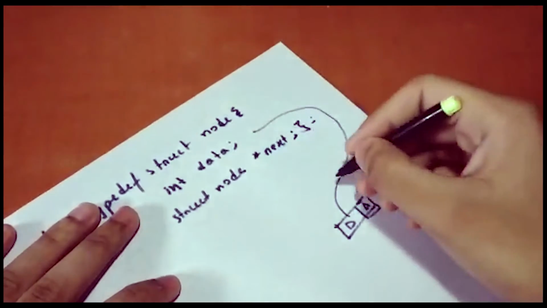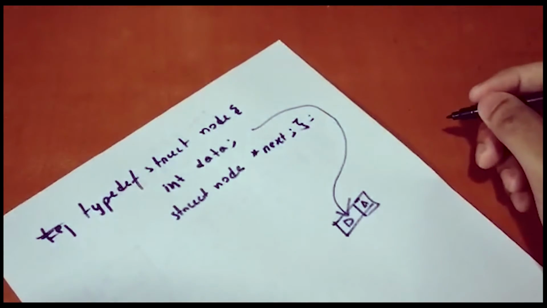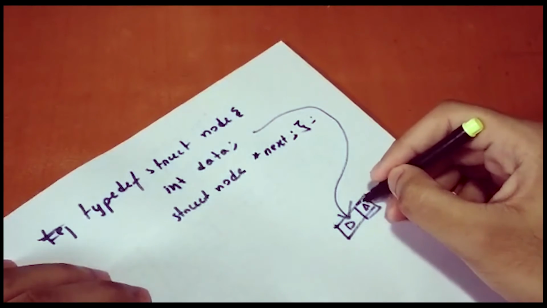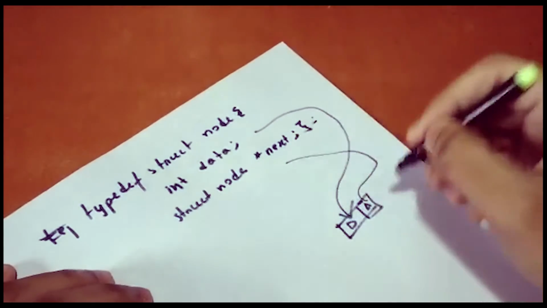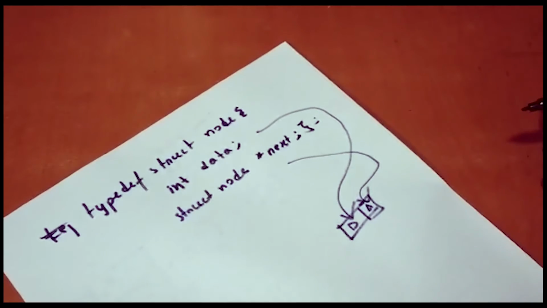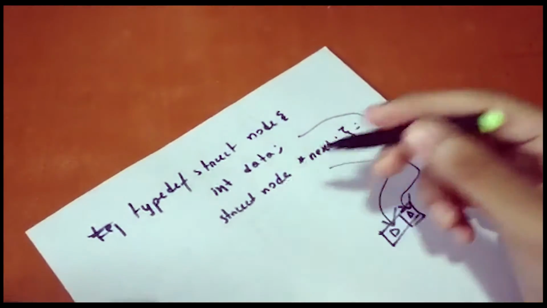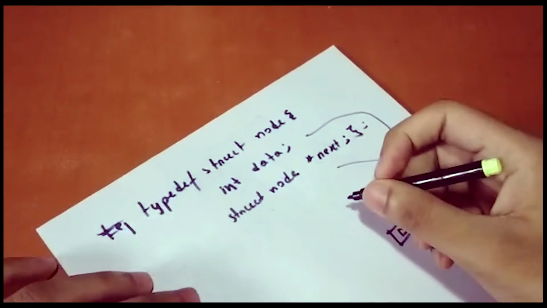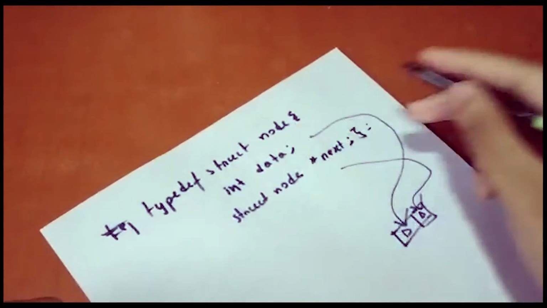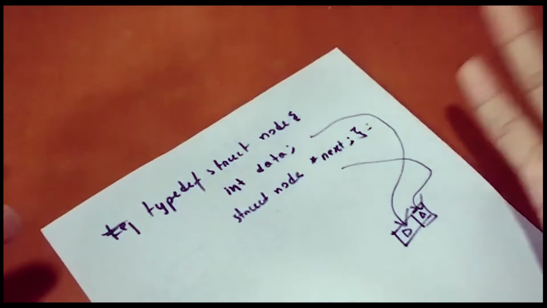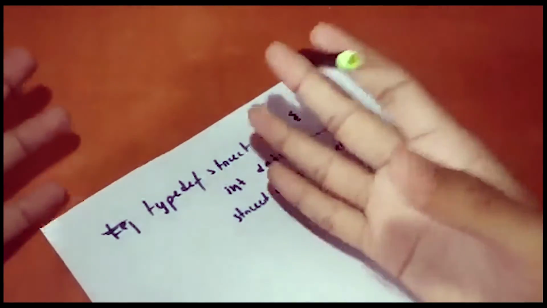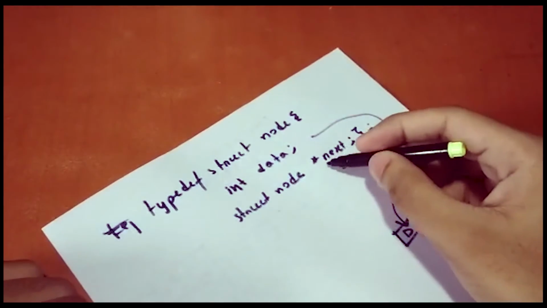So this data part has been created by this line, and this address part has also been created, which will store the address of the next node. So why this struct node? Struct node is a data type that we have created, so it will store the address of the same type.